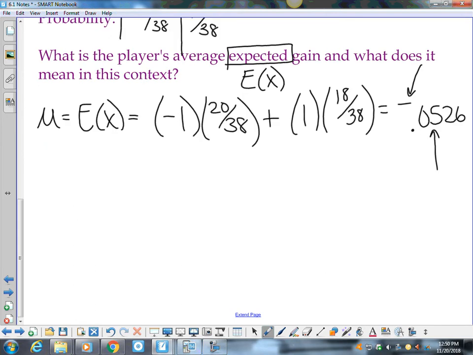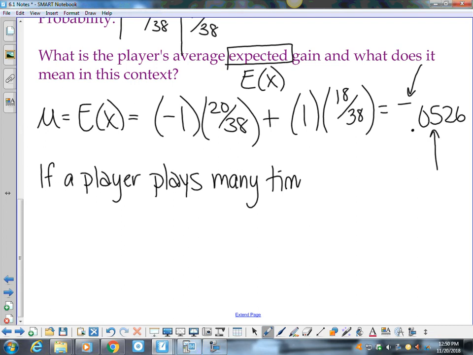So here's your sentence. If a player plays many times, that is so important. You have to talk about the fact that this is going to happen over and over and over. In repeated sampling, if a player plays many times, they will lose about, guys, this is an average.